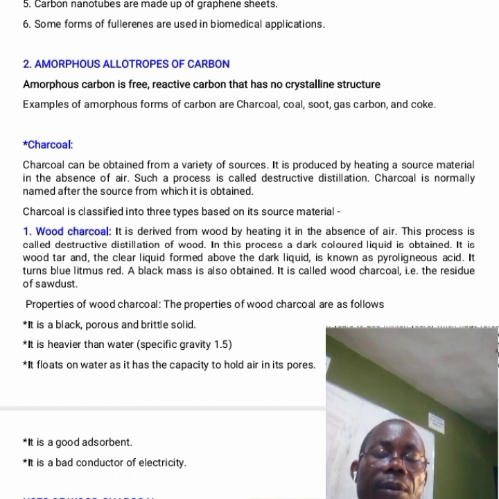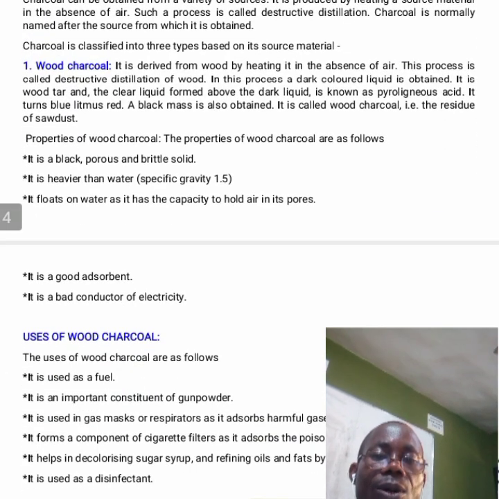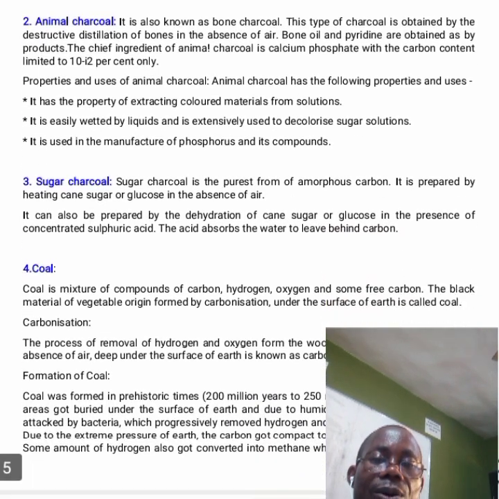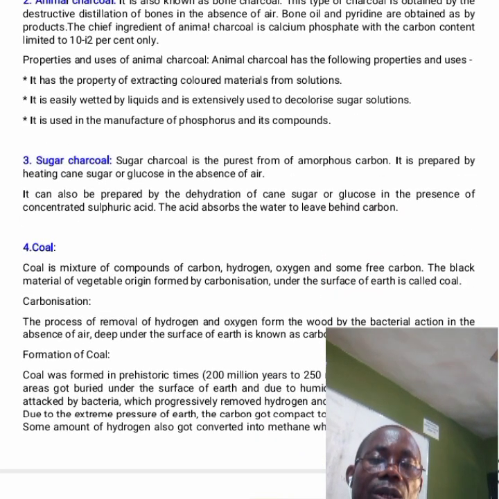Now, coal is an old form of carbon. Coal can be converted into coke, coal tar, coal gas, and ammoniacal liquor through destructive distillation. So the destructive distillation of coal gives coal tar, coal gas, coke, and ammoniacal liquor.